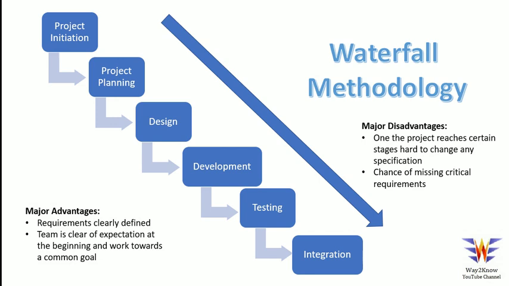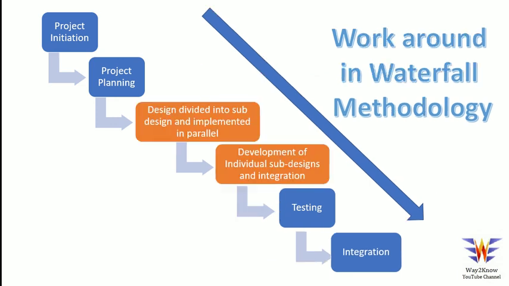Now we have seen the disadvantage during the design and development phase, where we understand that this takes a longer duration, and any mistakes here could lead to a disaster for the project. One workaround for this is, once the project planning is done, we can divide this particular design into sub designs.